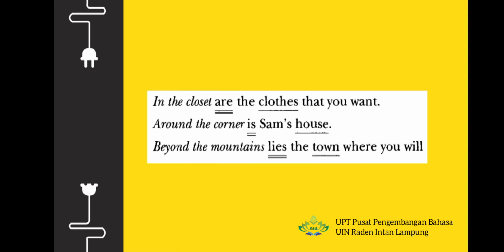There are several sentences here, and they will show us how the subject and the verb can also be inverted after prepositional phrases expressing place. Let's see. In the first example, the prepositional phrase of place in the closet causes the subject clothes to come after the verb are.